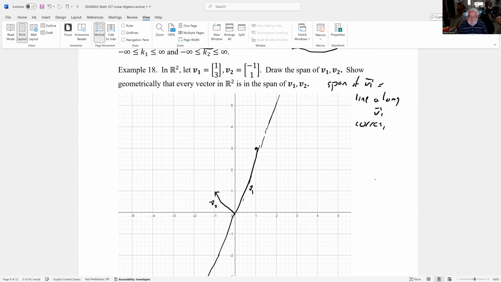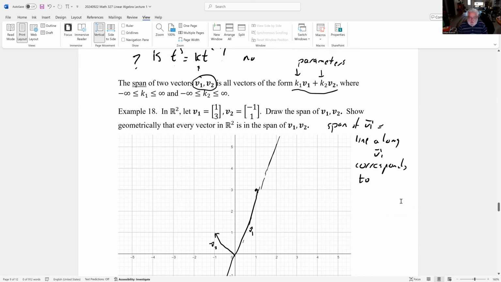And this corresponds to, if we go back up here, setting K2 equal to 0. We set K2 equal to 0 and we let K1 just vary from minus infinity to infinity. We get the span of V1. That's just this line. What happens if we set K2 equal to 1?